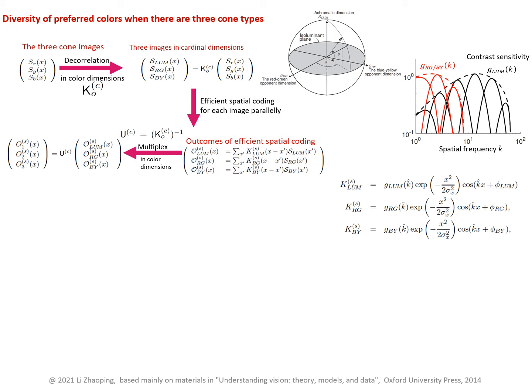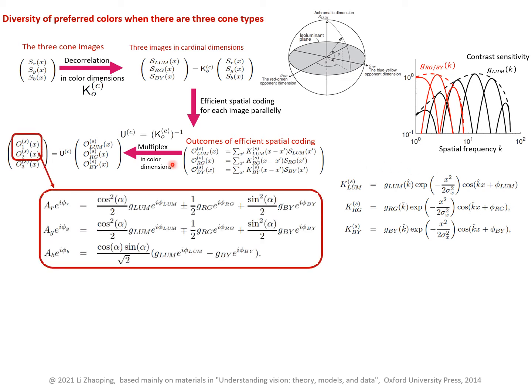Then, for the first two output neurons in this multiplexed result, we will have this function describing the red, green, and blue receptive field for each of these neurons. Okay, so let's say for one neuron, this is the amplitude, and that is the phase.